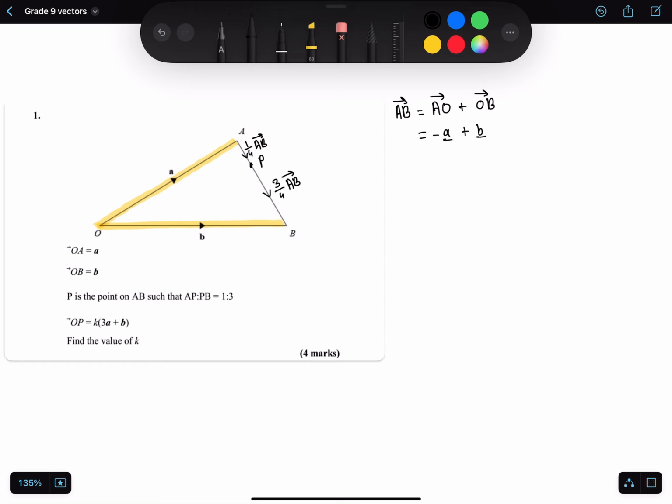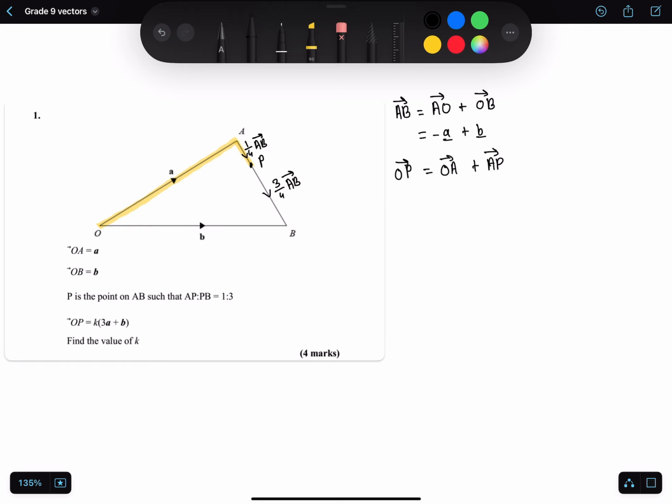So here we have the vector for AB, and because now we want to take the path from O to P, we go from O to A, and then A to P. Alright, so to go from O to P, that will equal OA plus AP.